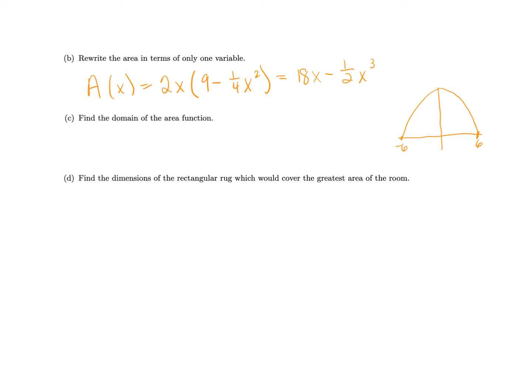So x, which was a random distance over from the origin, the smallest it could be would be 0, in which case I just have a single line, a rectangle with a height but no width. And the furthest I can move x over would be 6, in which case I have a rectangle with a base but no height, and the area is also 0.